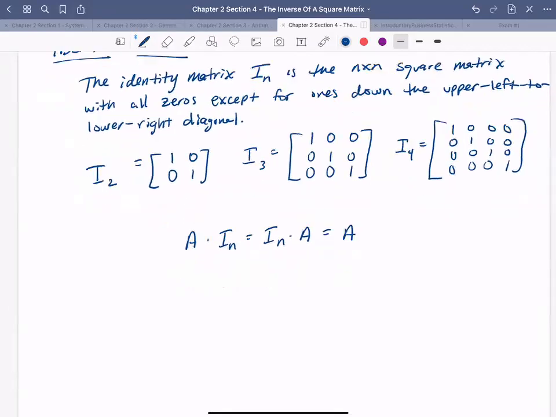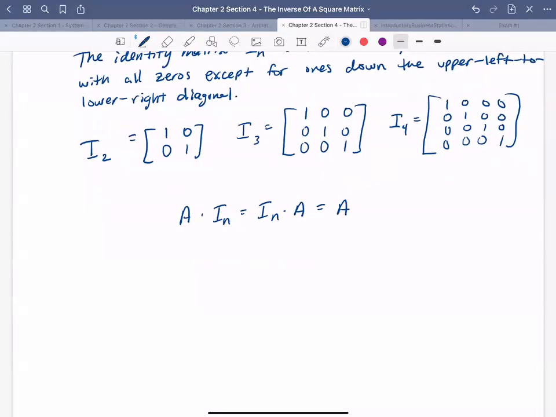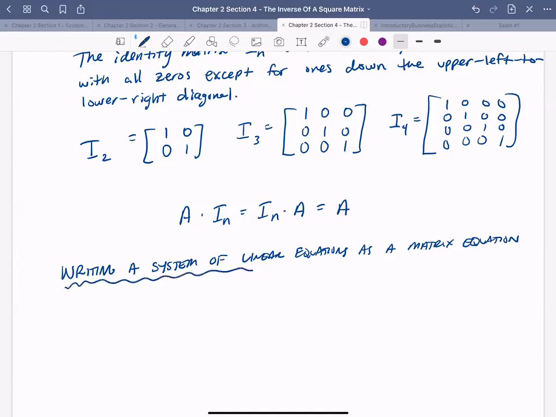Now, I also want to show you how to write a system of linear equations as a matrix equation. I know that we've already talked about writing a system as a matrix, but now we're going to write it as a matrix equation.